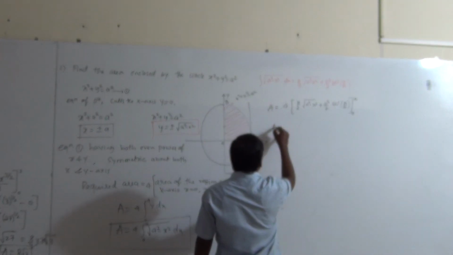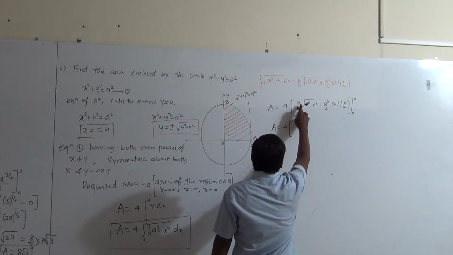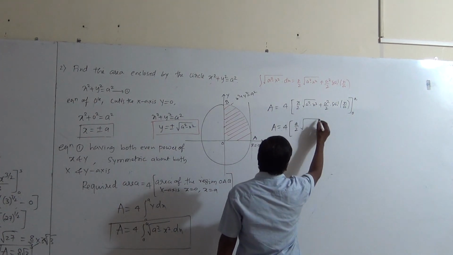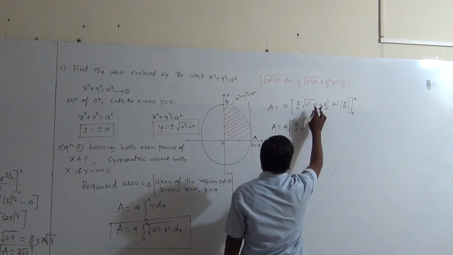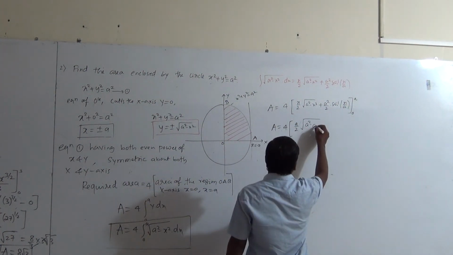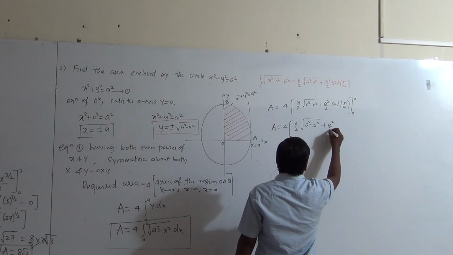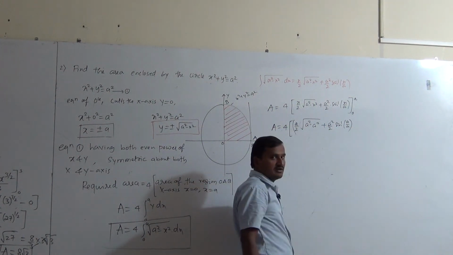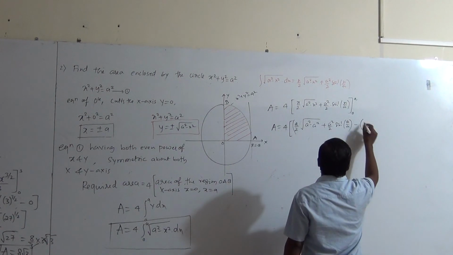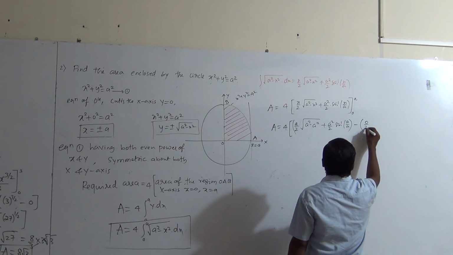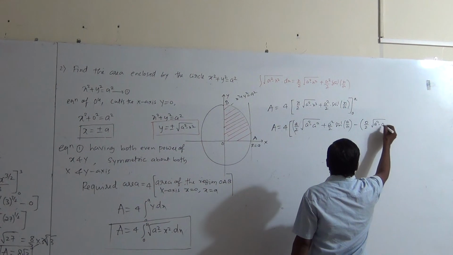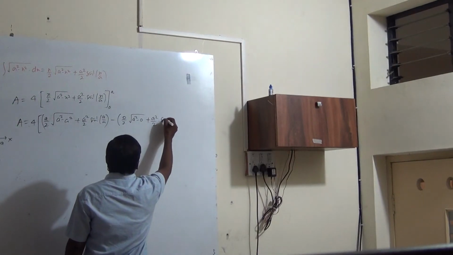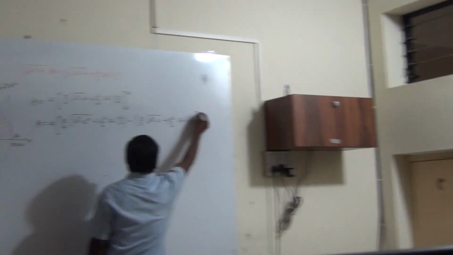So the required area is 4 times, the value of x is a, so a by 2 square root of a square minus a square plus a square by 2 sine inverse of a upon a, minus the lower limit: 0 by 2 into square root of a square minus 0 plus a square by 2 into sine inverse of 0 by a, right?